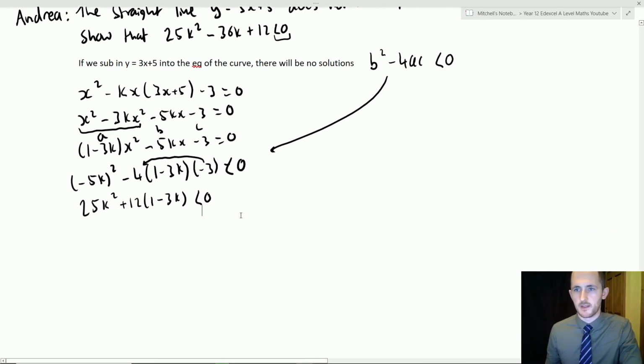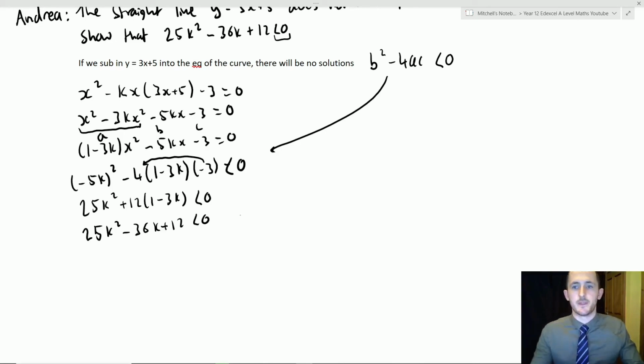Now we expand the brackets: 25k squared plus 12 times minus 3k is minus 36k, plus 12 is less than 0. And if you look, that's the same as the question. So we're done. That would be 4 marks, most likely, and you get a further 2 marks for solving the equation, sometimes. Andrea, are you okay with that?